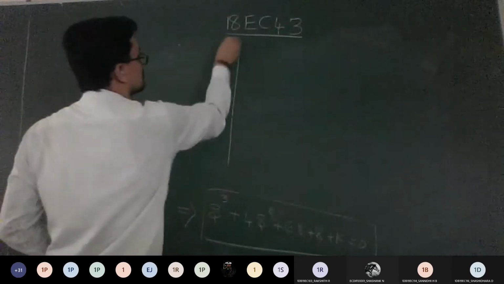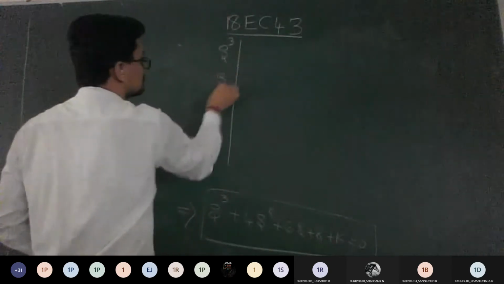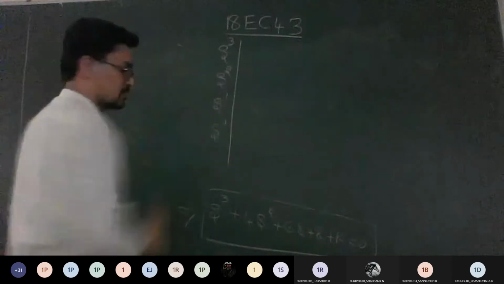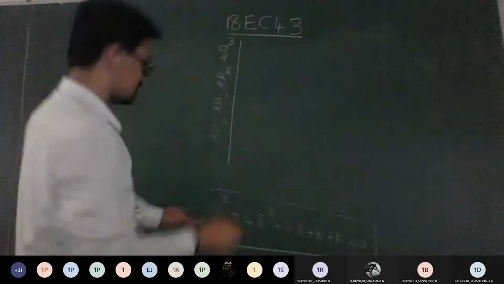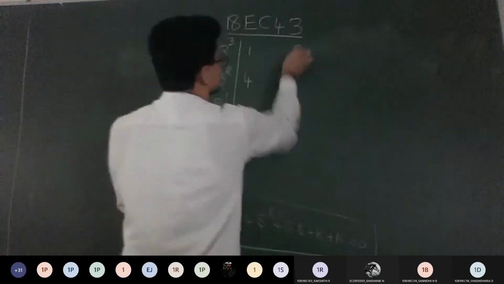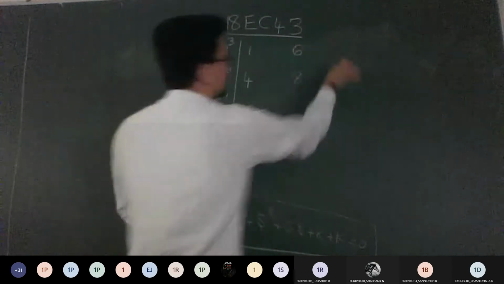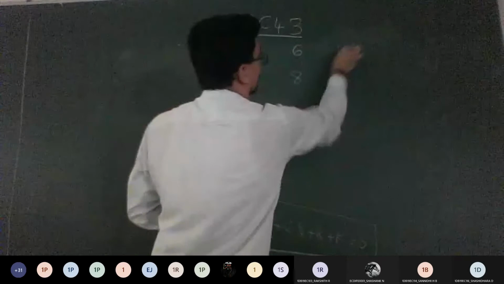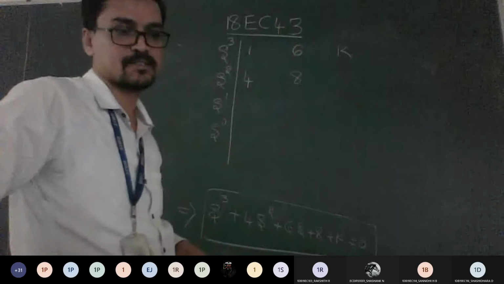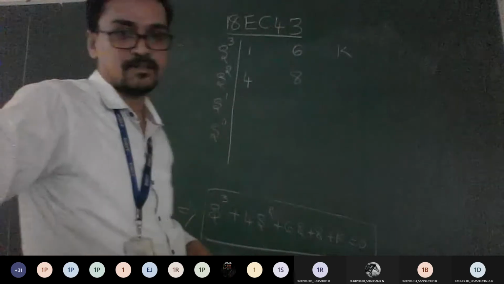So s cube, s square, s power 1, s naught. Fill the coefficients. It's 1, 4, 6, 8, and k. So this is what you're supposed to write. This is the way you need to solve.